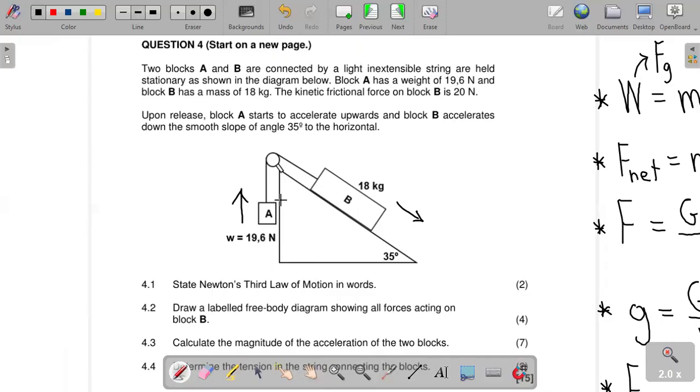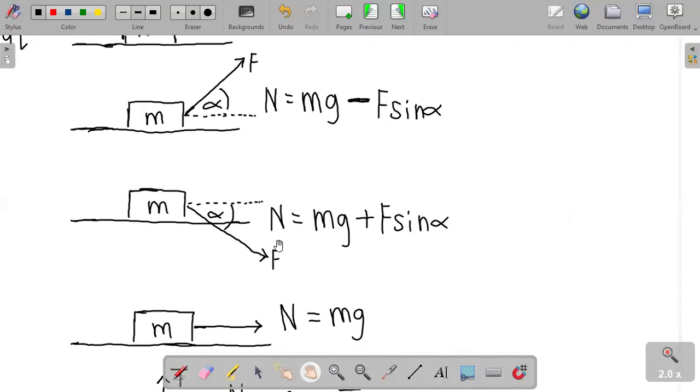Okay, so we apply Newton's second law individually for each block. Let's begin with A. So now what's happening at A?